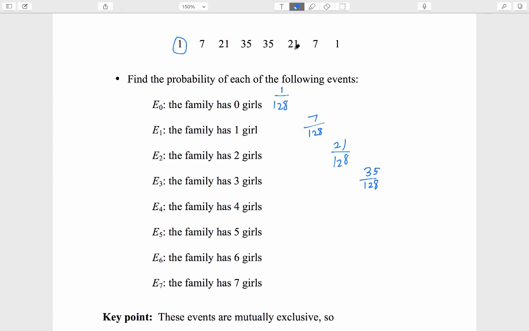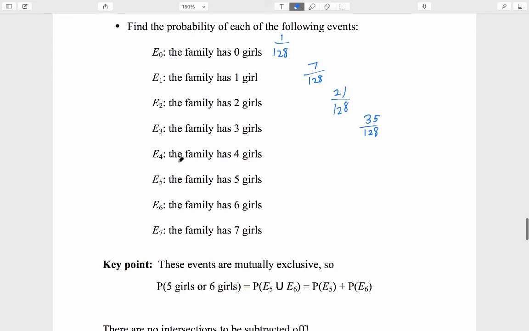This means that we now have a straightforward way, using Pascal's triangle, to find the probability of any event of this type, no matter how many children are in the family, and no matter how many girls or boys we are inquiring about. Now, a key point for working with these kinds of events is that they are mutually exclusive. For example, the probability of 5 girls or 6 girls, so in our notation that's the probability of E5 union E6, we could say 5 girls or 6 girls or both, but there's no such thing as having both 5 girls and 6 girls in the same family.